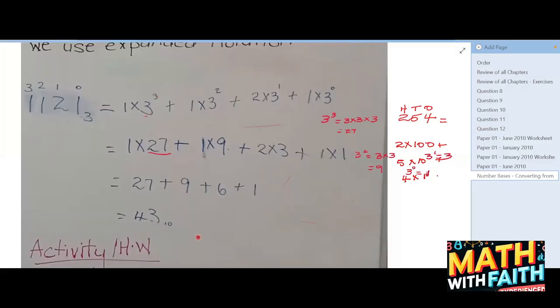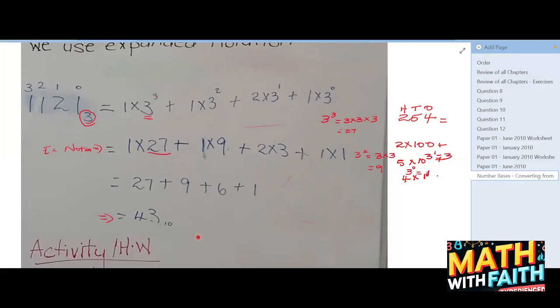So we had to multiply by 3s here because our base was 3. Right? So this is the expanded notation for this number, and this is what it is in base 10.